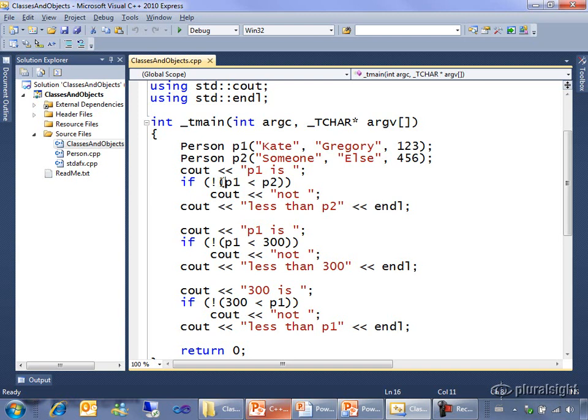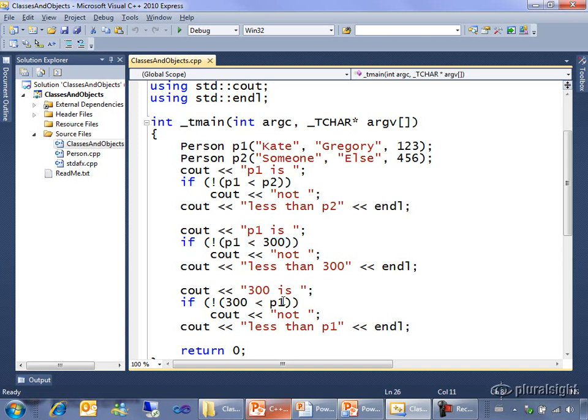So when the compiler needs to deal with this line of code, it's going to call a function which is a member of the person class called operator less than that takes a person as its single argument. When it comes time to deal with this line of code, it's going to call a member function of person called operator less than that takes an integer for its single argument.